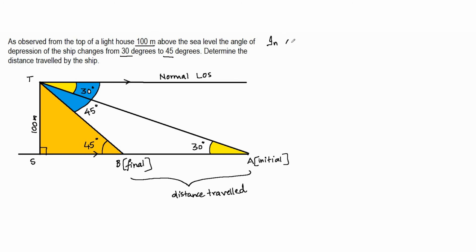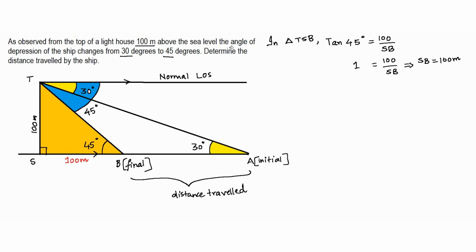So in triangle TSB, tan 45 degrees is equal to the opposite side, which is 100, divided by the adjacent side, which is SB. And tan 45 is 1. So 1 is equal to 100 upon SB, which implies SB is equal to 100 meters. So this particular length is therefore 100 meters.